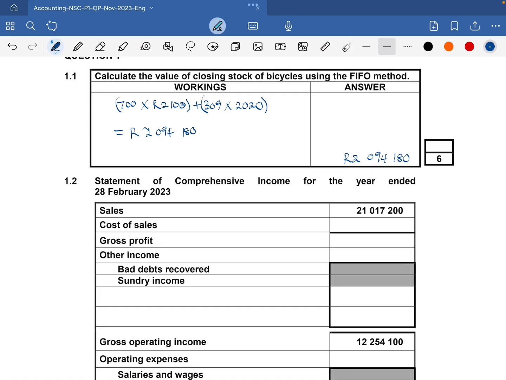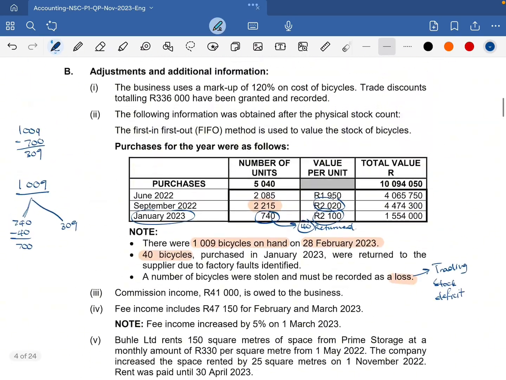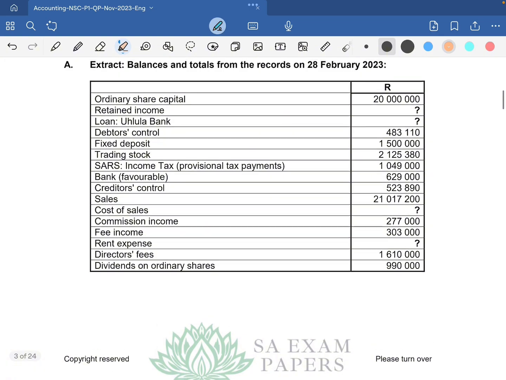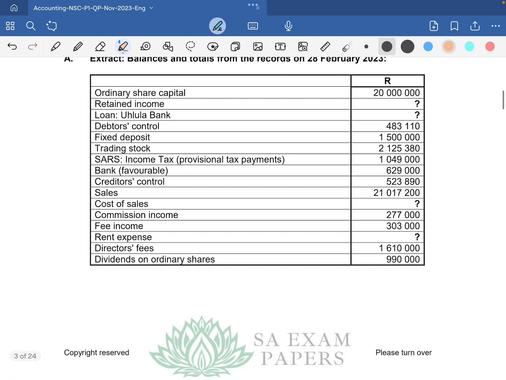Okay, but when we look at our inventory that we were given from our trial balance on information A, we were given trading stock here of 2,125,000, but now when we calculate, we're getting 2,094,180. So this amount is definitely less, and that is the trading stock deficit that they were talking about.